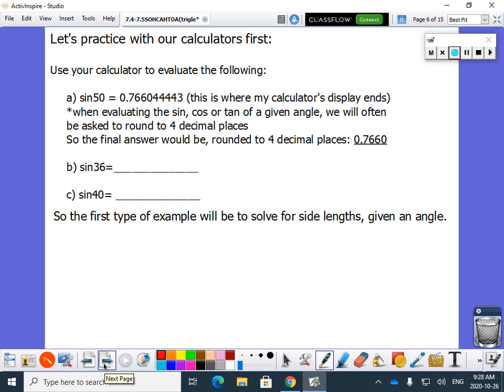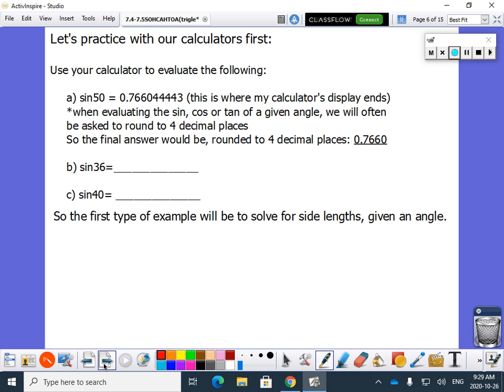Use your calculator to evaluate the following. So I want everyone right now to type in sine. Here, I'll put this on so you can see better. Everyone should have a SIN button on their calculator. And then 50. Most calculators are going to put a bracket, so you're probably going to notice that it's going to come up like this.